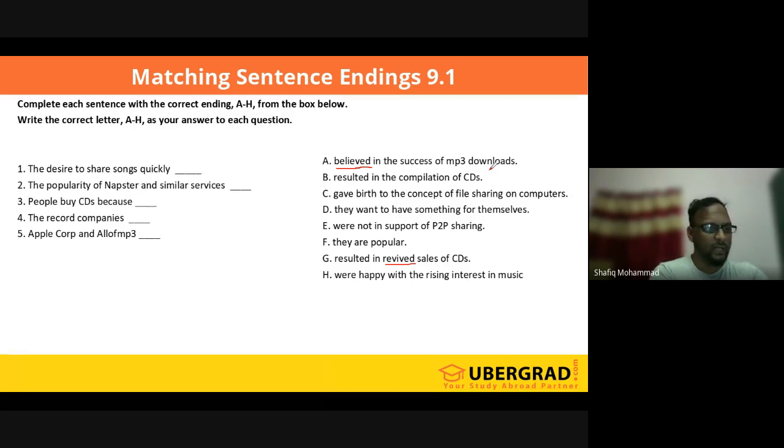Let me see in the chat box. If you have any doubts in this, you can type it in the chat box. So shall I go forward?